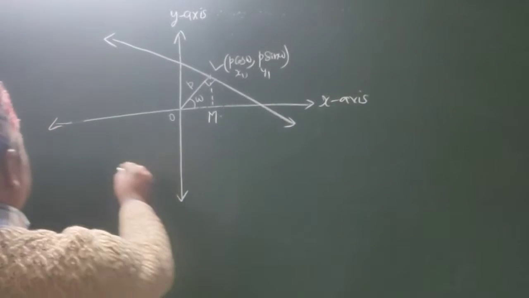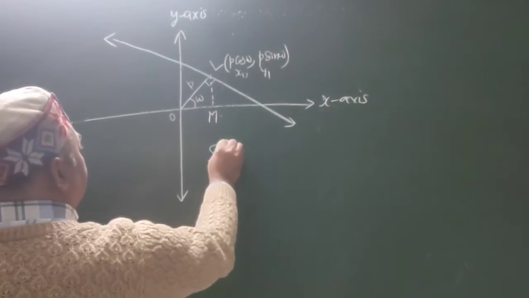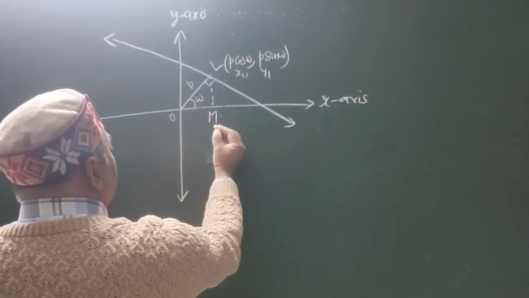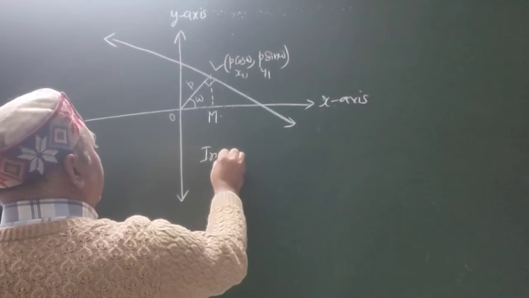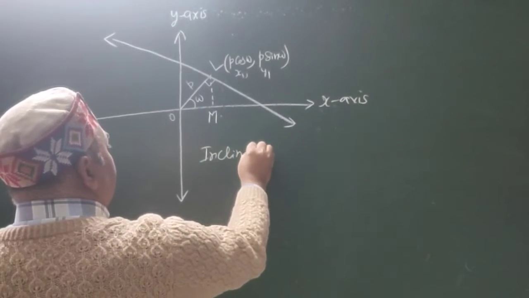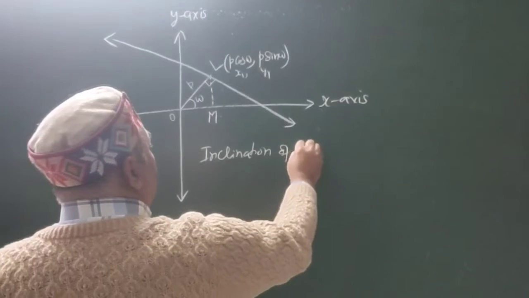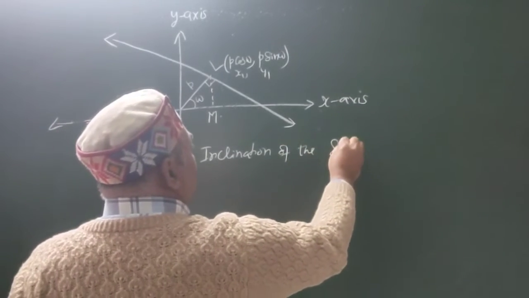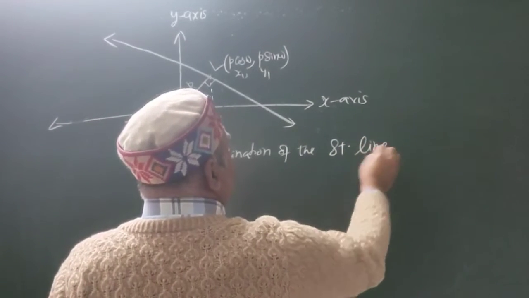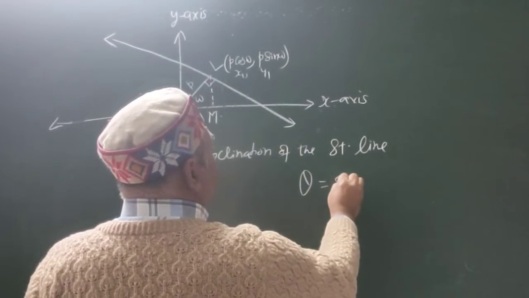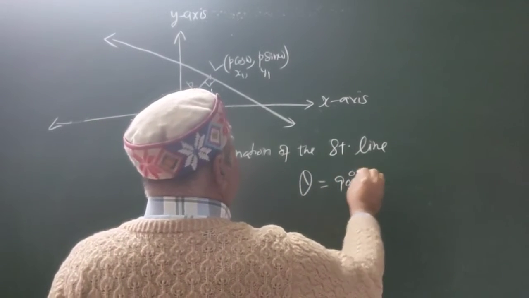So therefore, inclination of the straight line, theta is equal to 90 degree plus omega.